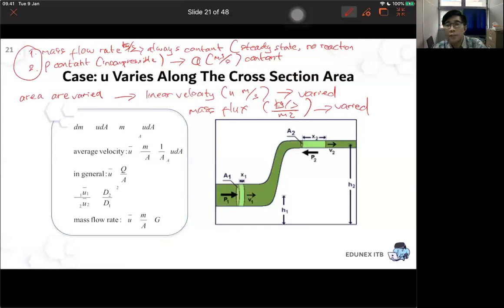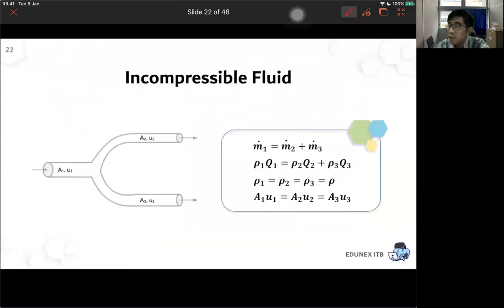Okay. If there is no other question, then the mass flow rate or the continuity equation, the constant mass flow rate, is also applied when the pipe is divided into several branches. For example, this one: at point 1, the fluid is flowing inside, and it will be divided into point 2 and point 3.